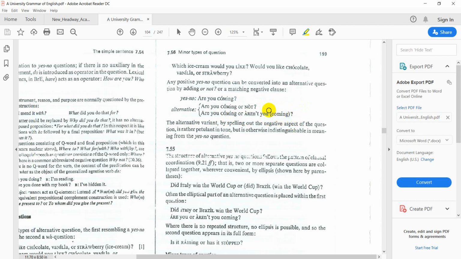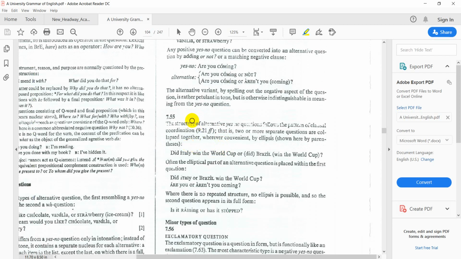That's why it is written in parentheses here, as you see. So either mention it or ellipse it. Are you coming or aren't you coming? The alternative variant, by spelling out the negative aspects of the question, is rather petulant in tone, but is otherwise indistinguishable in meaning from the yes-no question.